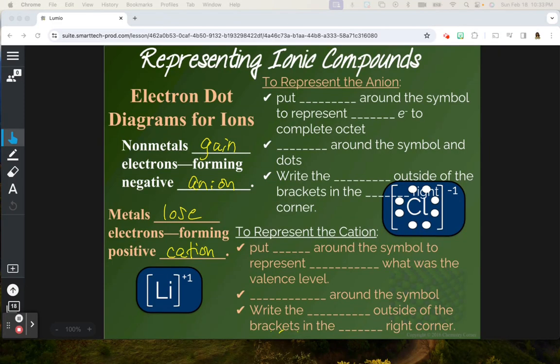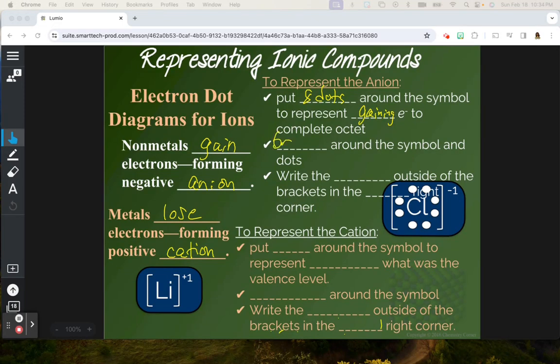All right. So to represent an anion, we put 8 dots around the symbol of the element to represent gaining electrons to make a complete octet.